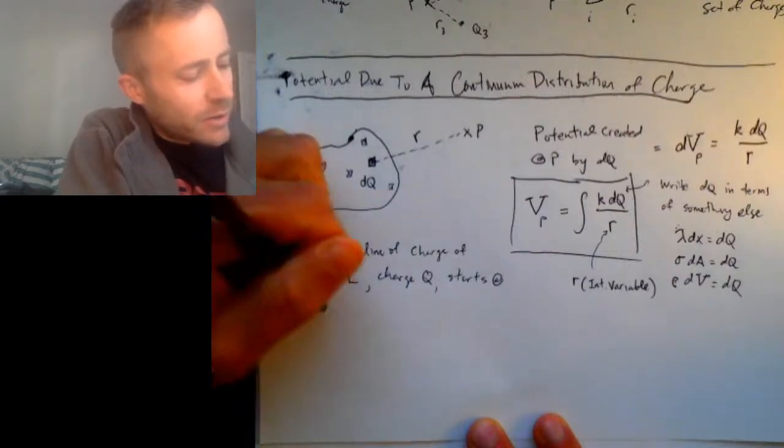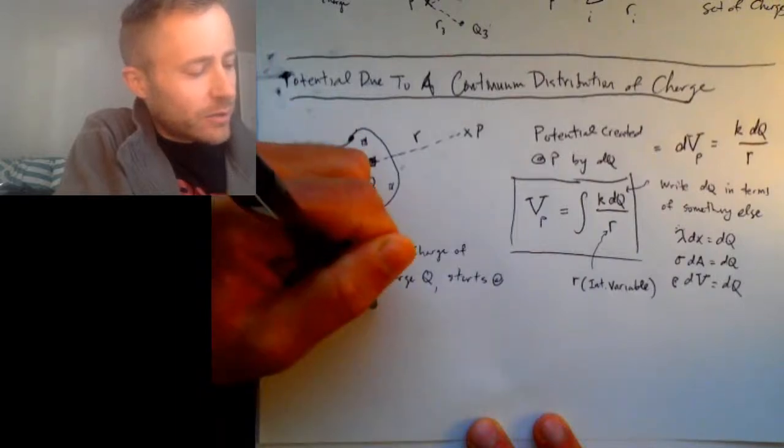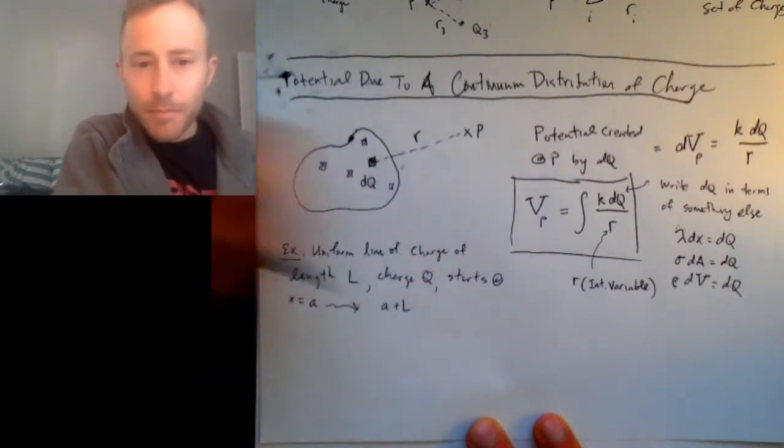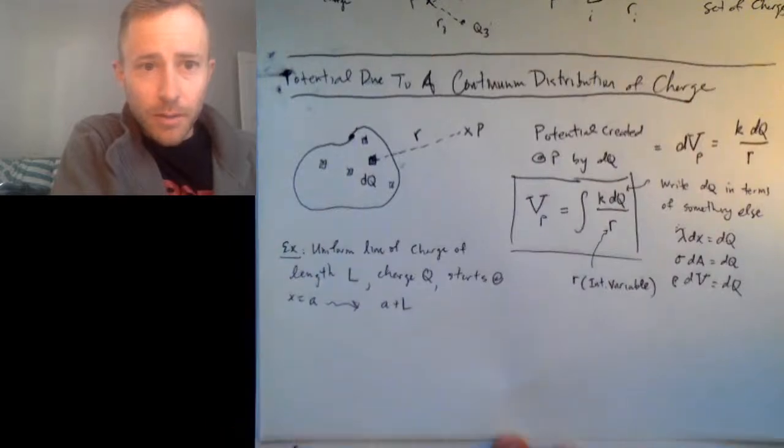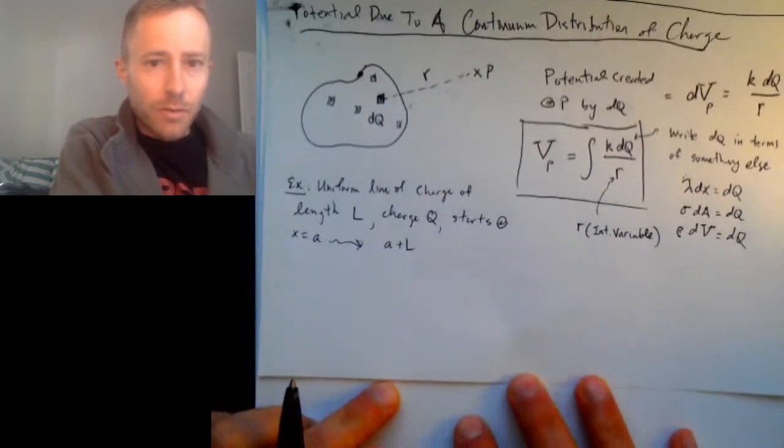So naturally, it would extend to x equals A plus L, because it has length L.